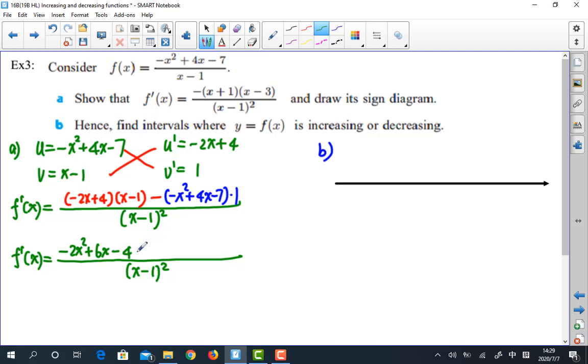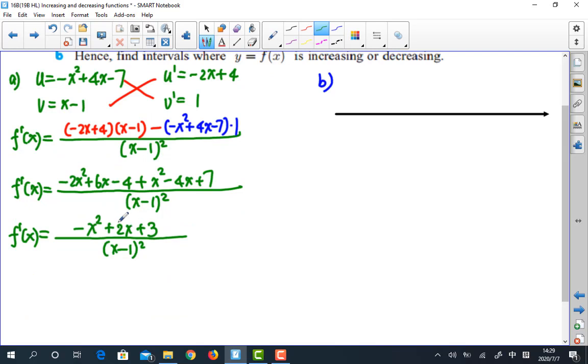Then the second one should be plus x squared minus 4x plus 7. So f prime x is x minus 1 squared. Then the top should be negative x squared plus 2x plus 3 if we combine the like terms further.